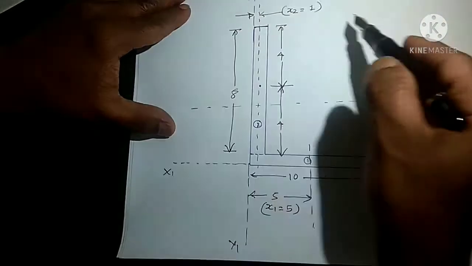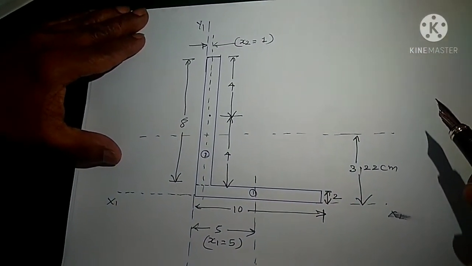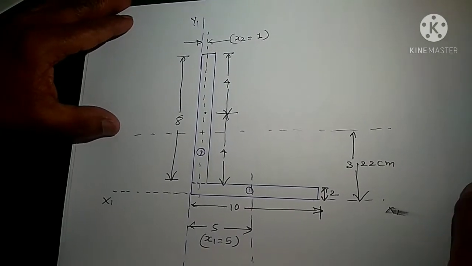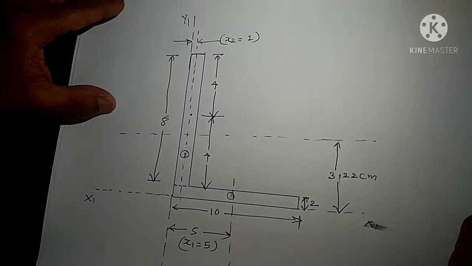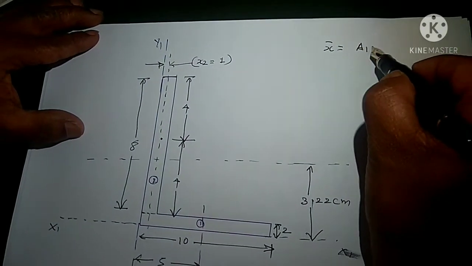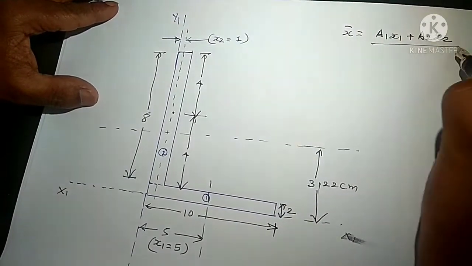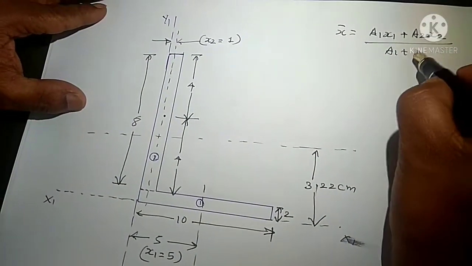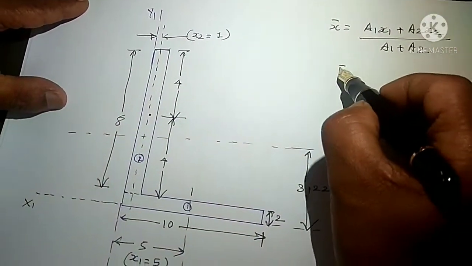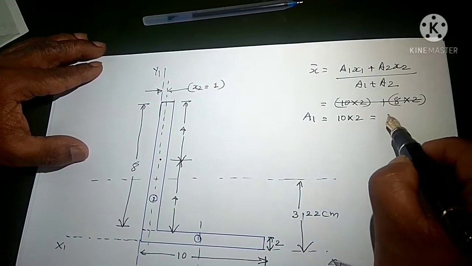Okay, so we have to find out x bar. What is x bar? X bar is equal to a1 x1 plus a2 x2 divided by a1 plus a2. A1 is equal to 10 into 2, which is equal to 20.